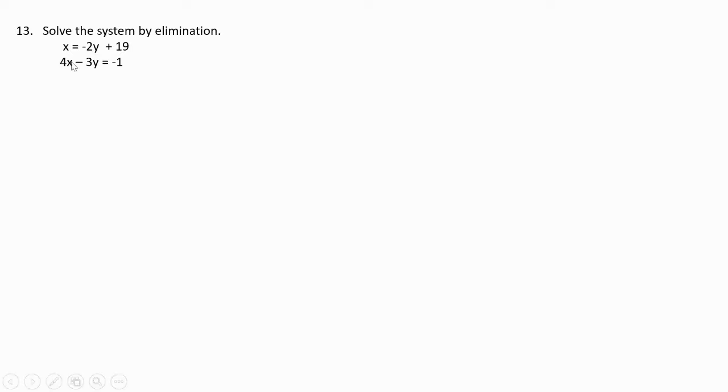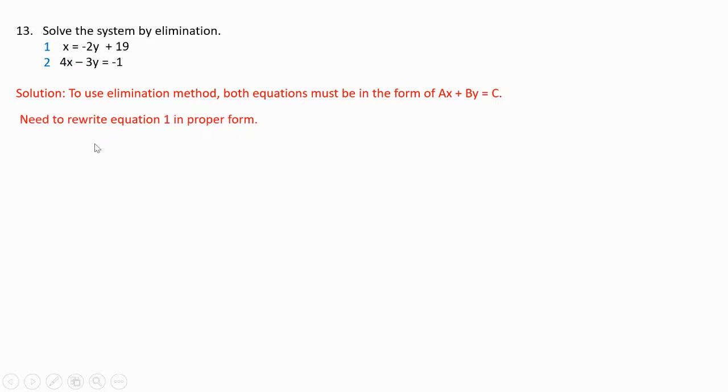By the elimination method, let me call this equation 1 and equation 2. To use the elimination method, both equations must be in the form ax plus by equals c. Equation 1 is not in that form, so we need to rewrite it in proper form.